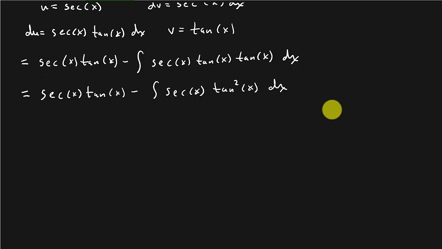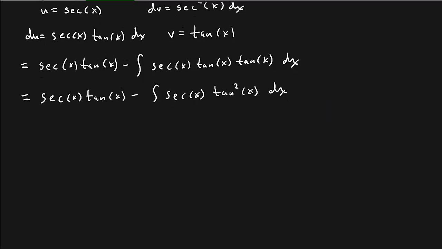All right, so now we have a trig identity that says 1 plus tangent squared x is equal to secant squared x. So I'm going to get this all in terms of secant. I'm going to subtract 1 from both sides, so I get tangent squared x is equal to secant squared x minus 1.